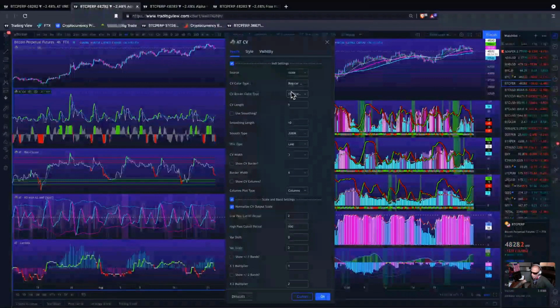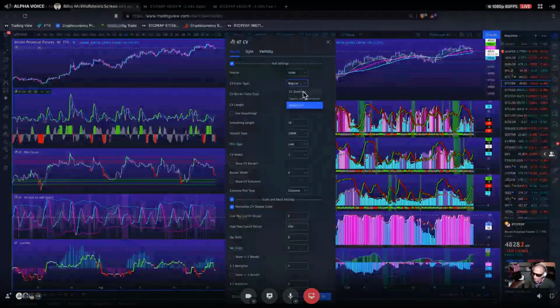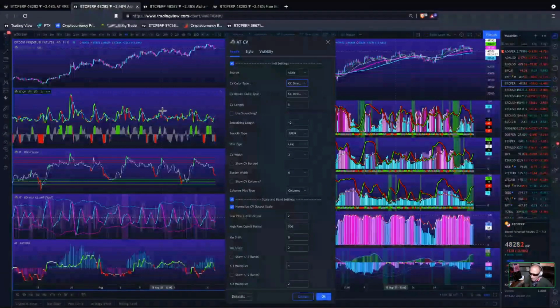Okay. Now, look, what if I want to just know what direction the CC is heading? This is telling you when it's green, it's heading into positive correlation, right? As soon as the slope changes and it starts to go negative, right?